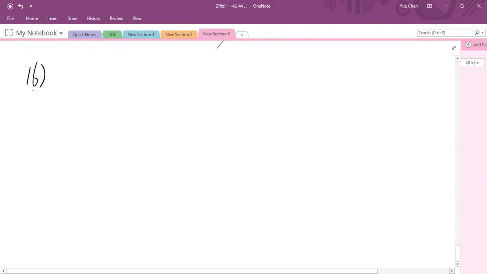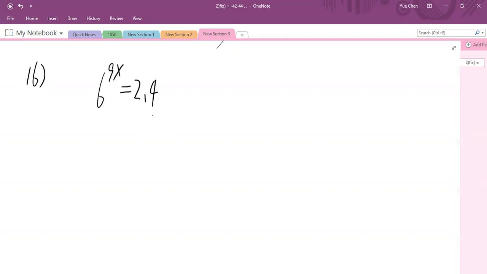Solve the exponential equation 6 to the 9x equals 2.4, in terms of the natural log. So when we have exponential equations, you must have this kind of form, right? Then we want to solve for x. We need to bring down this x, right?